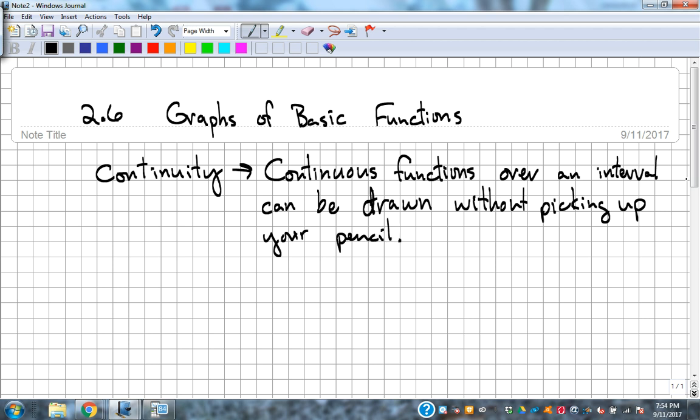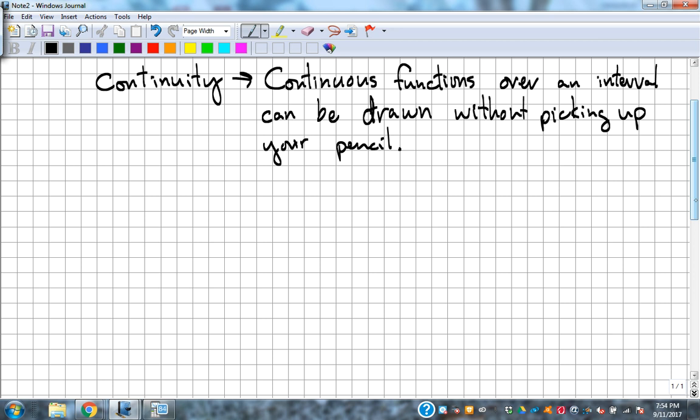Okay, what do I mean by that? Continuous functions over an interval. That interval is the domain, by the way.